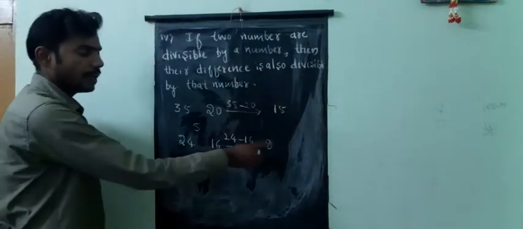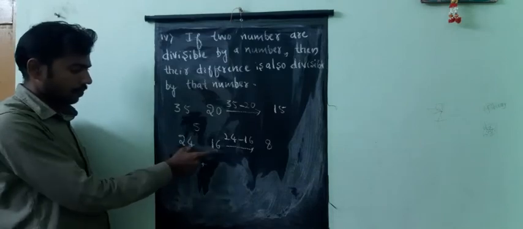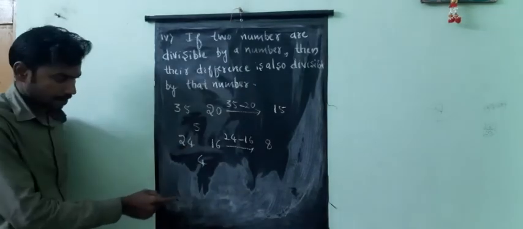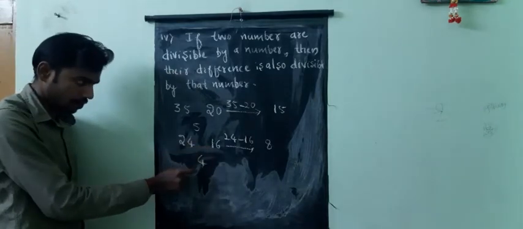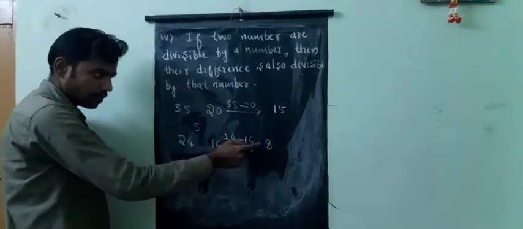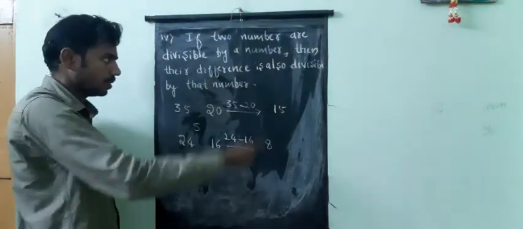So 4 twos are 8. Same thing. If two numbers are divisible by a number, then their difference is also divisible by that number. Please note this down.